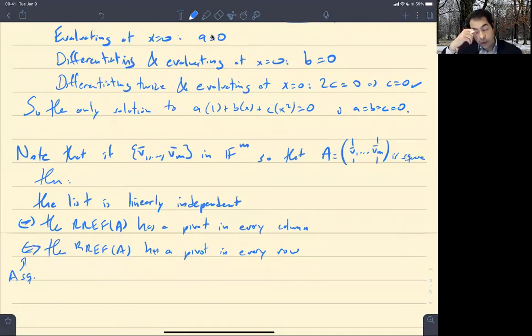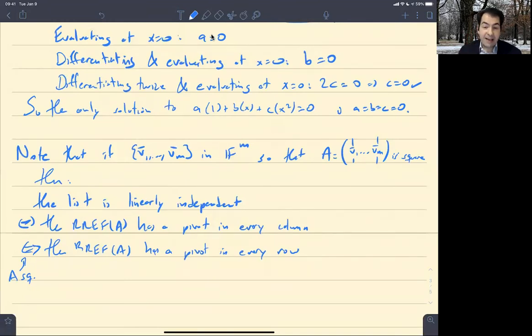Well, that means that if I want to solve AX equal to B, I would form the augmented matrix where I put A and then I put the column B. And now I take this to reduced row echelon form. If every row of A already has a pivot, then when I have augmented, there's no way I'm going to end up with a pivot in the final column, because every row can have at most one pivot, and all rows are already spoken for. That means I will never have a pivot in the final column.